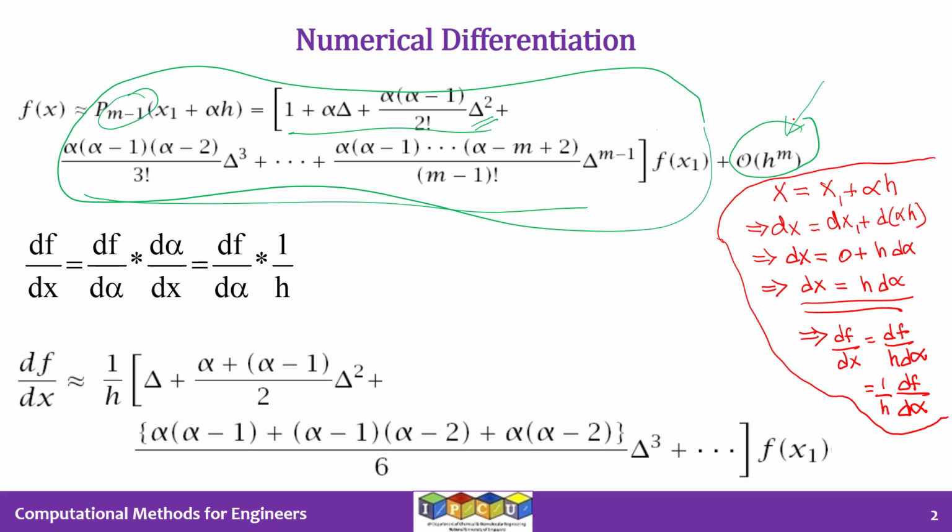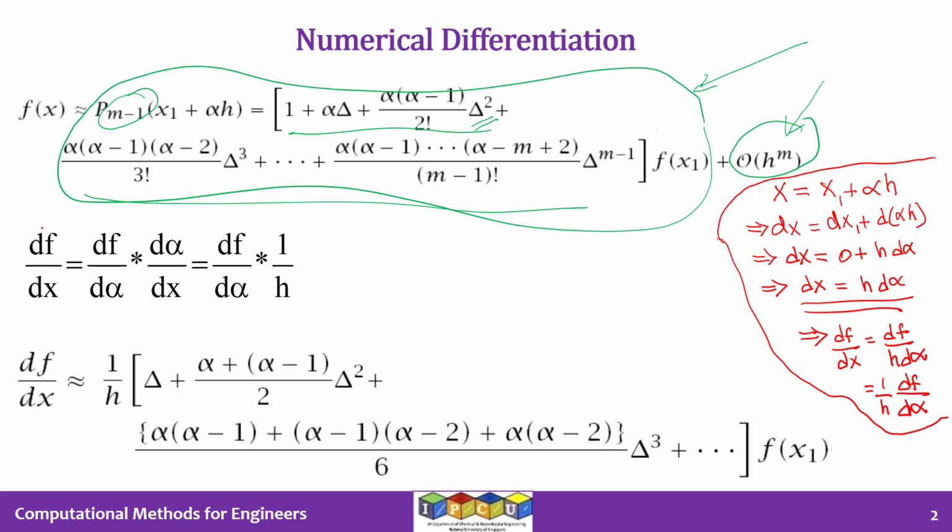We have seen these things already. Using that result, let's try to find out estimates of the derivative of the function at x. Let us go on to find out expressions for the first derivative and the second derivative of f as a function of x. Once we have the general expressions, then we can use them to find out the first derivative and second derivative at specific values of x.